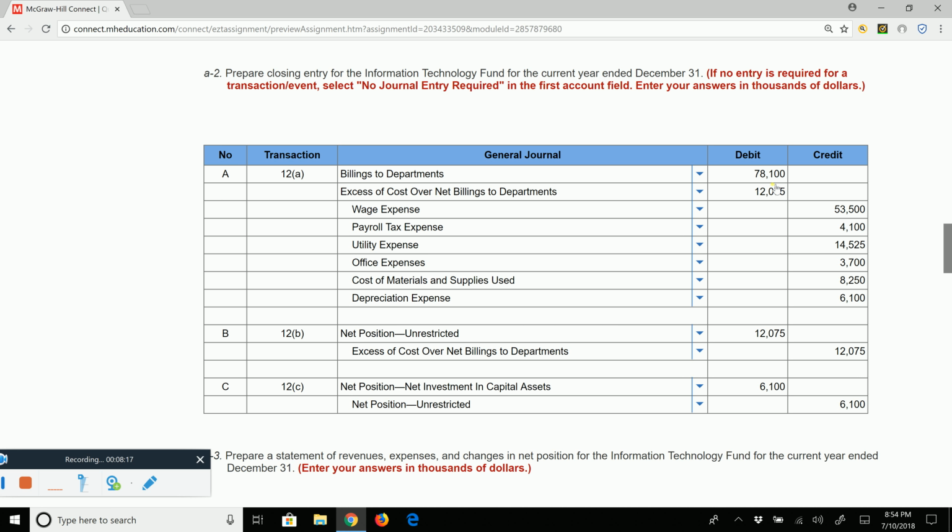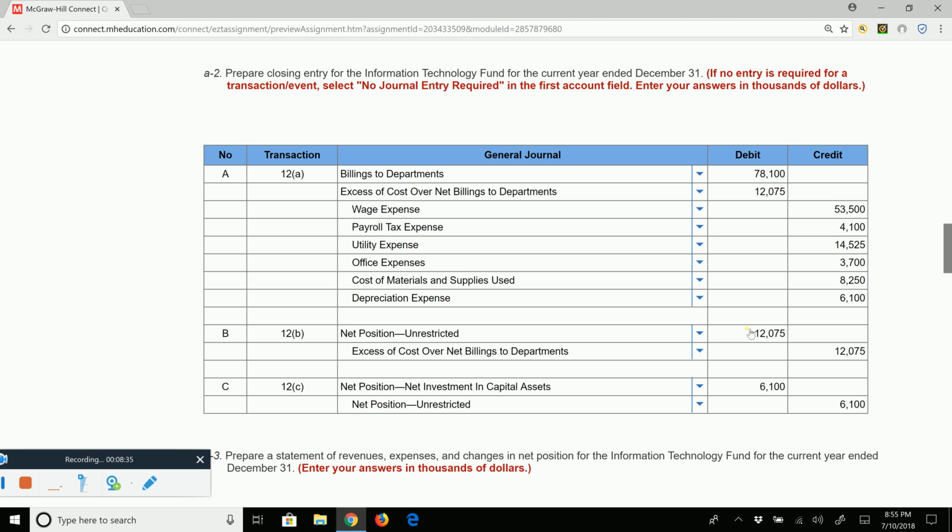In this case, it is actually we spent more money than we earned. So we operated at a net loss. And then what we do is we take this excess of costs over billings, or billings over costs, and we're going to close that out to unrestricted net position.